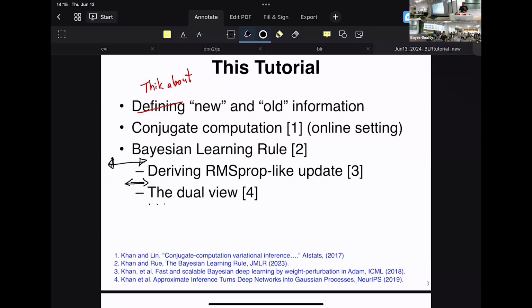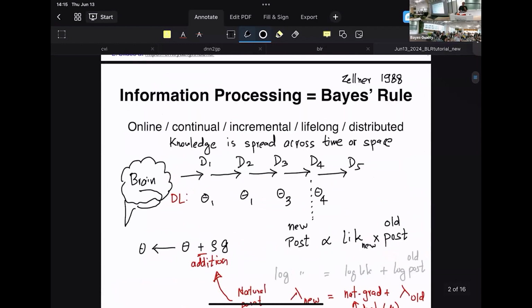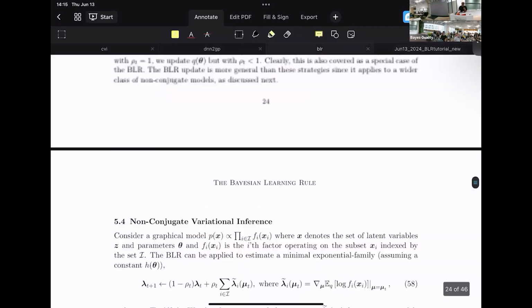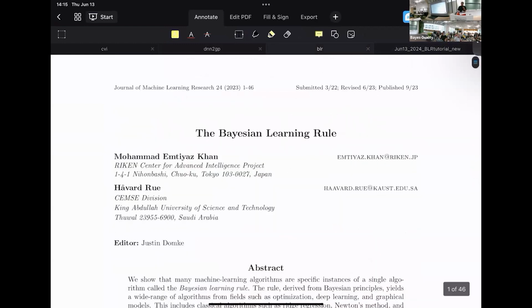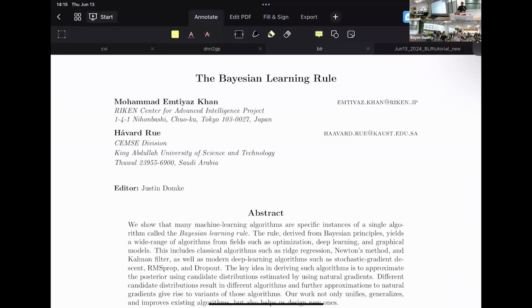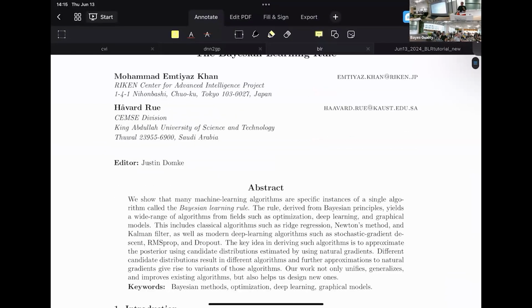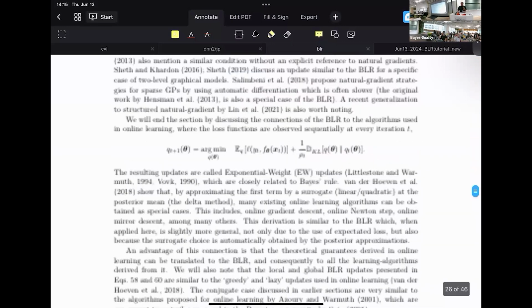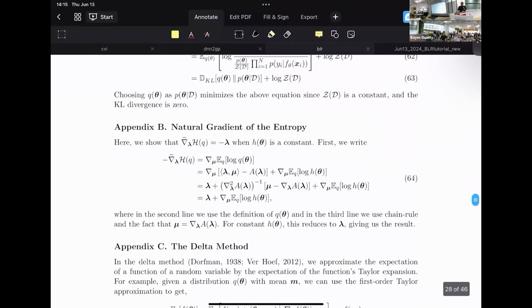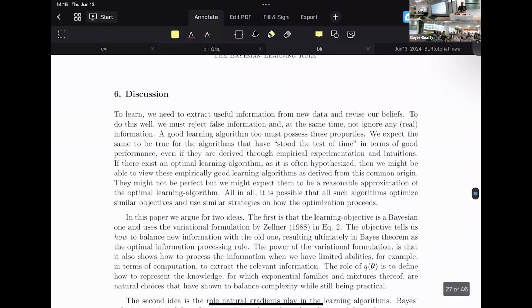So actually this bit that I did here, I would recommend you go to the BLR paper. The BLR paper starting is like this. I don't know if you've seen it, but it's a beautiful paper. I love the authors. If you want to start reading it properly, you should go to the end.